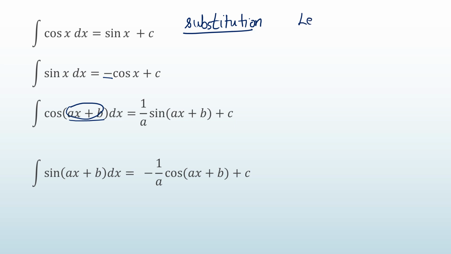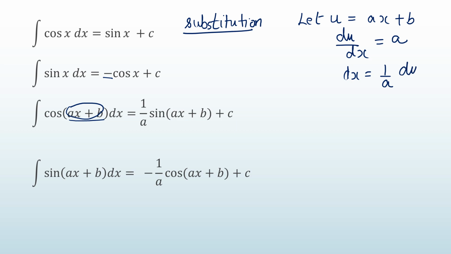So let the letter u represent ax plus b. Now I'm going to differentiate u with respect to x. That gives us just a. If I rearrange this and make dx the subject, dx is going to be 1 over a du. So I've got my u and I've got the value for dx.